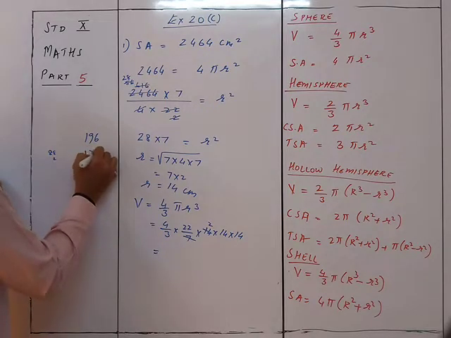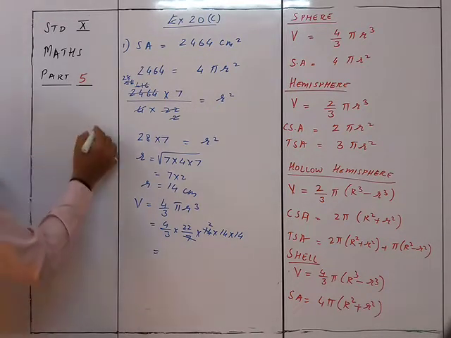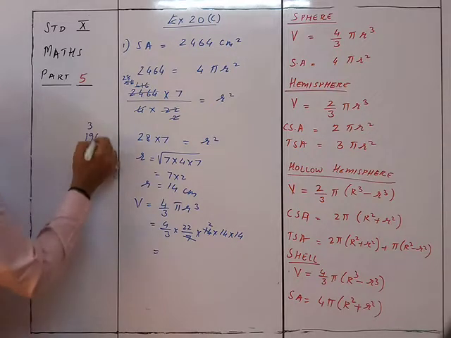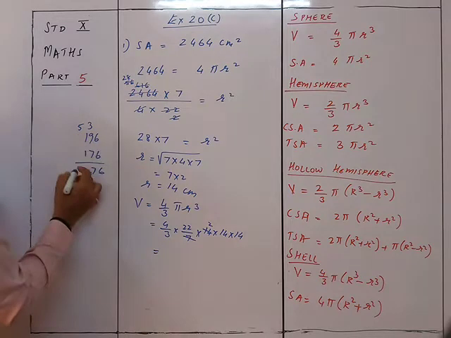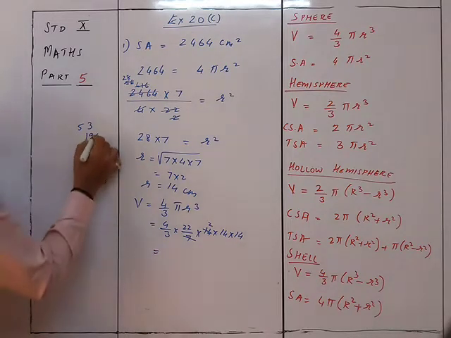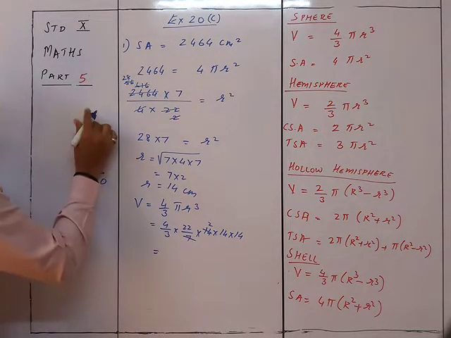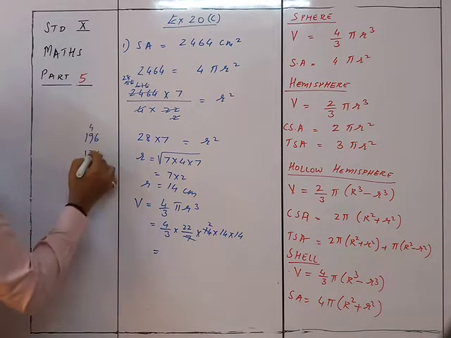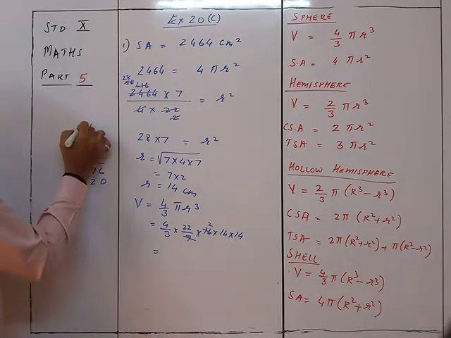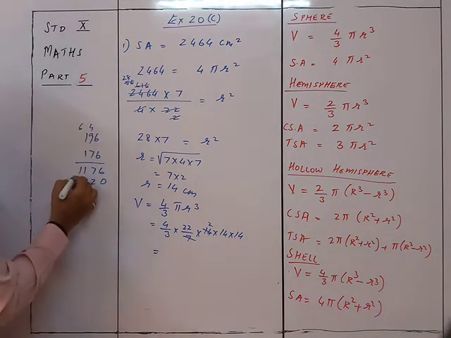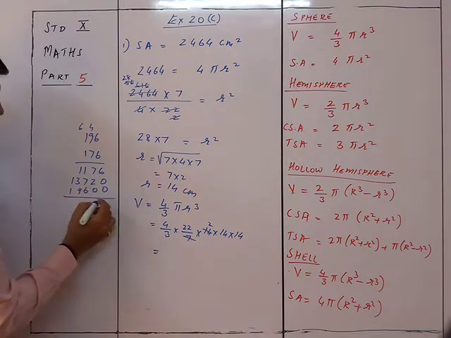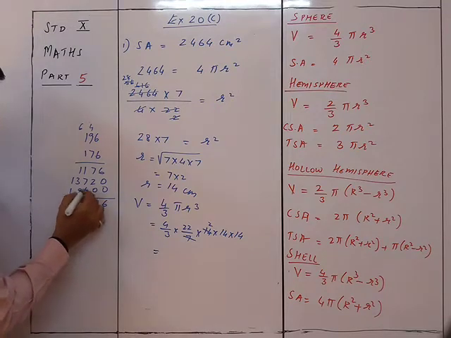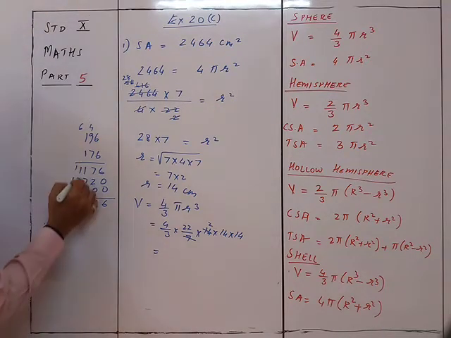So 176 into 196, 6 6s are 36, 6 9s are 54, plus 3 is 57, and so on.